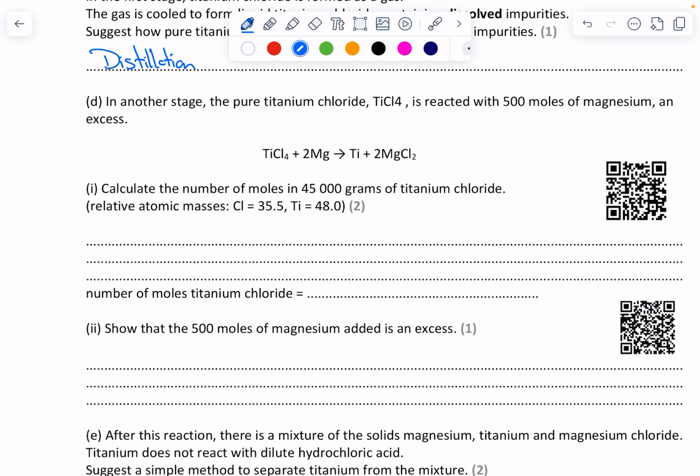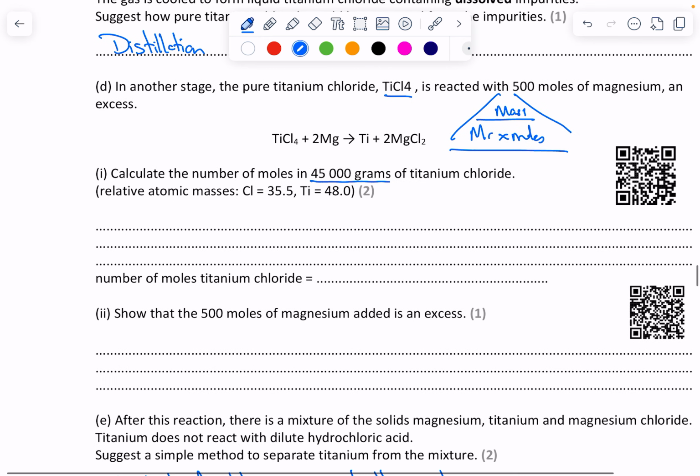Okay, in this bit of the question, we are doing a calculation, and we want to find the number of moles in 45,000 grams of titanium chloride. So this is the formula for titanium chloride. And what I'm going to do here, because we've been asked to find the moles, I'm just going to write down that Mr. Moles lives underneath the mass, which is our triangle to do this kind of calculation.